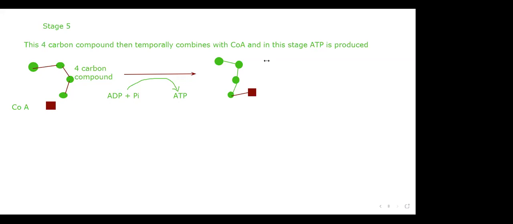Right, a special point here. The ATP is produced because of the 4 carbon compound, right? So this is a new term. This production of ATP in the Krebs cycle is called substrate level phosphorylation.